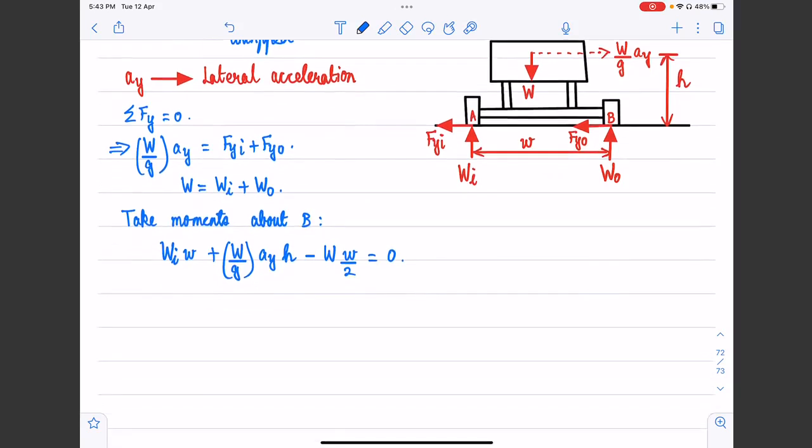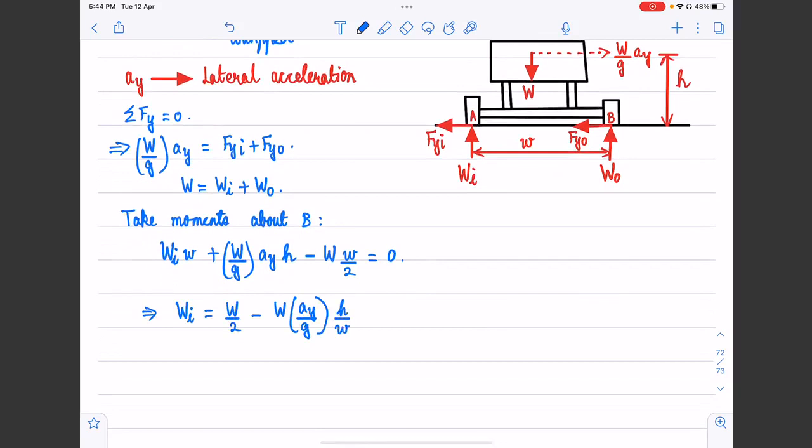If we simplify this, we get Wi, the normal load on the inner wheel, equal to W by 2 minus W times Ay by g, times h divided by w.